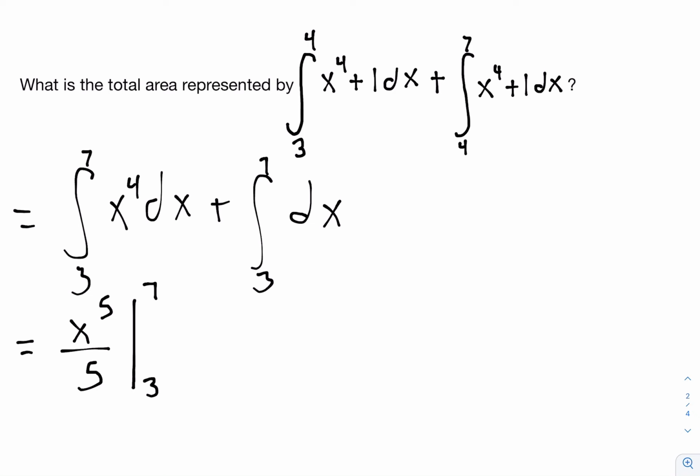So that's going to give us some value, some scalar quantity. And then from that, remember, we're going to be adding the integral from 3 to 7 of just 1 dx. So remember, the integral of 1, a constant, is just going to be 1x. So this is just going to be, or sorry, not 1, it's going to be x evaluated from 3 to 7.